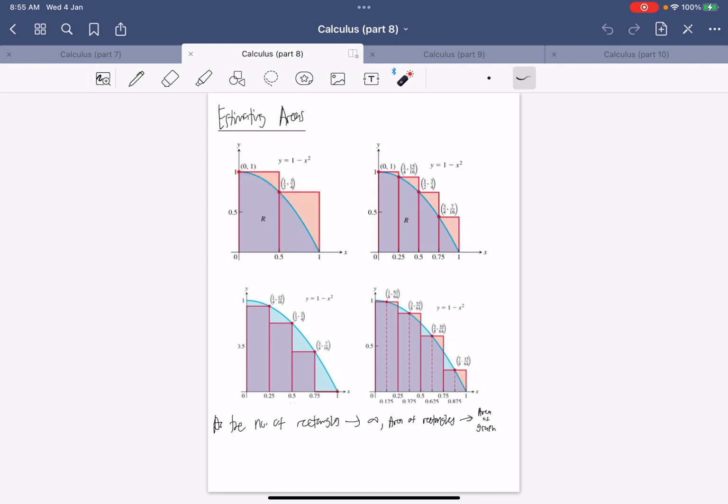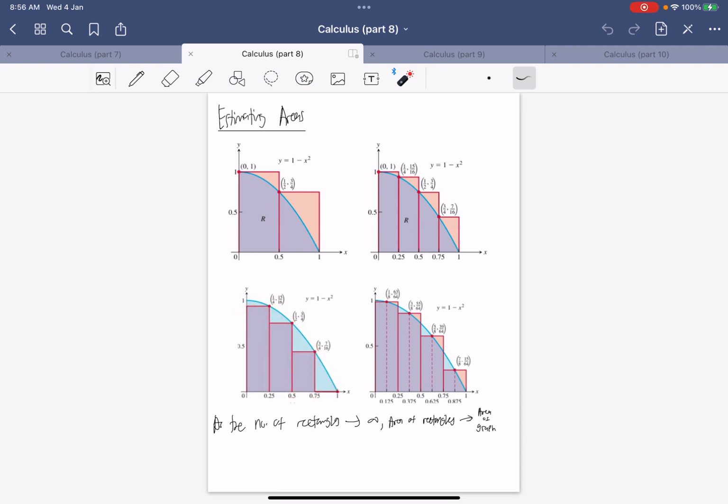You can take rectangles where the endpoint is at the right and draw upwards, like the following. Or you can do it from the left, where you draw inwards.